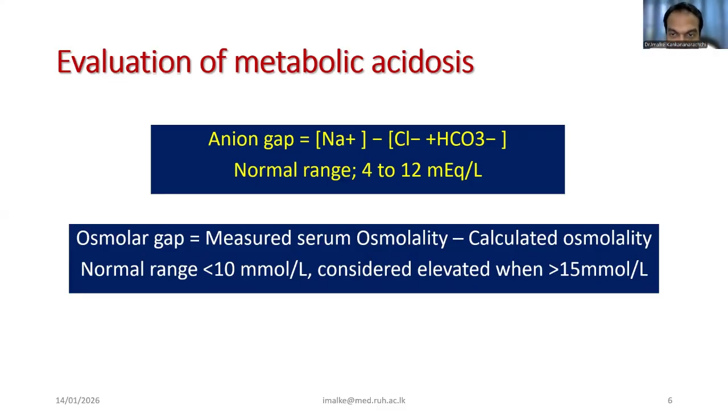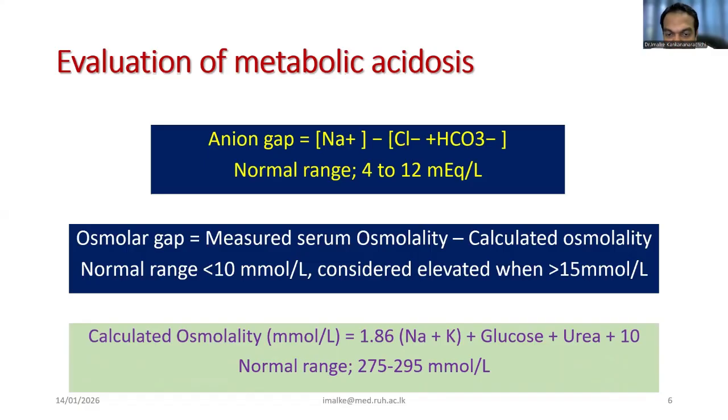That is the measured serum osmolality compared with the calculated serum osmolality. There can be a difference between these two. Less than 10 is considered normal, but if it is more than 15, we consider it an osmolar gap. So basically, you need to know how to calculate the serum osmolality.